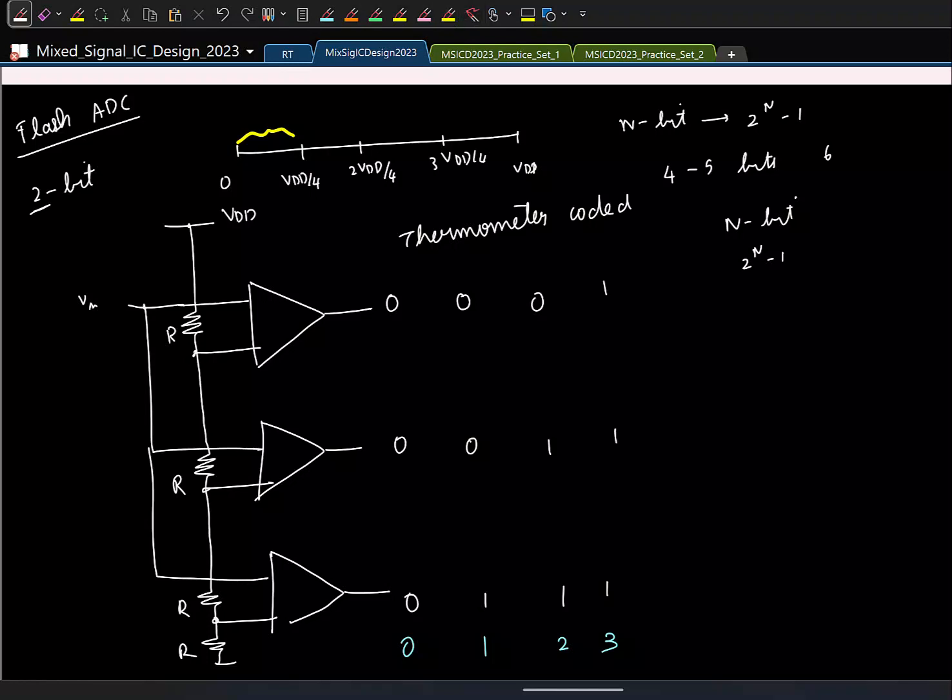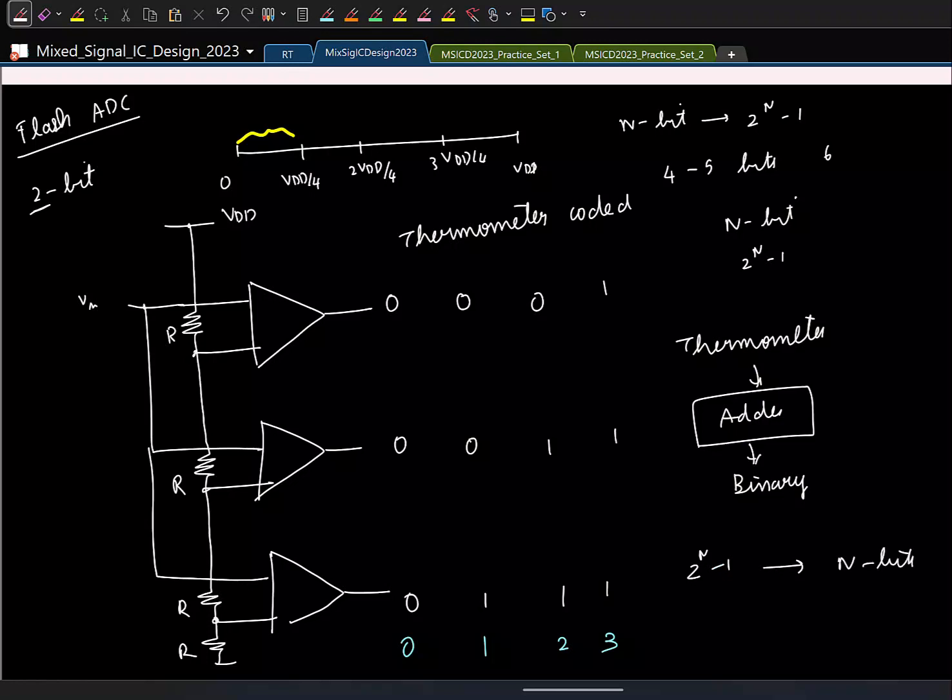So you take the thermometer bits, you give it to an adder, and that will give us the binary bits. Yeah, but see, this is 2 power n minus 1 bits, output is only n bits. Yeah, it's okay. Digital circuit is all easy. Just type a code, it gets you for it. You don't have to sit and design.